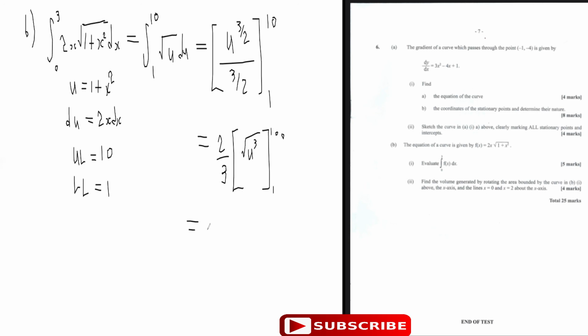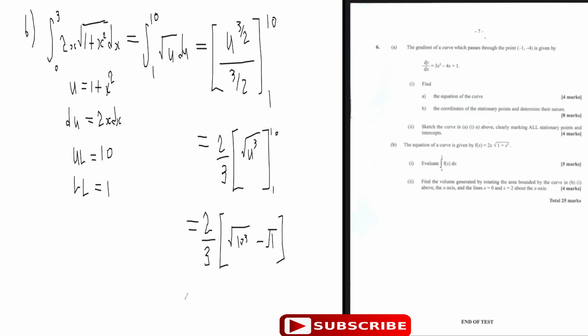That's going to be equal to 2 over 3 times, when you plug in 10 cubed, so you plug in 10 cubed square rooted, minus 1 cubed square rooted, and you work that out.